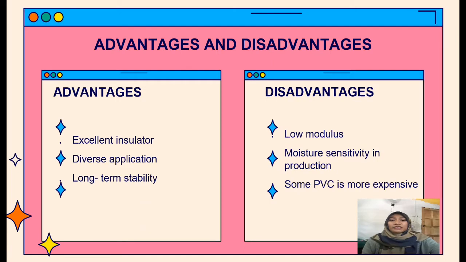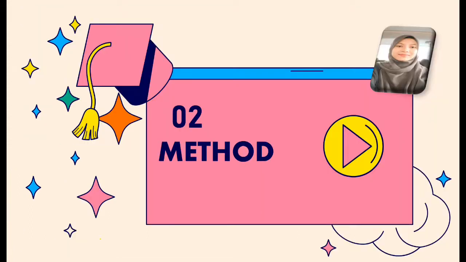There are a few advantages of PVC: it is an excellent insulator, has diverse applications, chemical resistance, long-term stability, flame resistance, adhesion to glass, and the last one is resistance to oil. The disadvantages of PVC are that it has a low modulus and also moisture sensitivity in production.